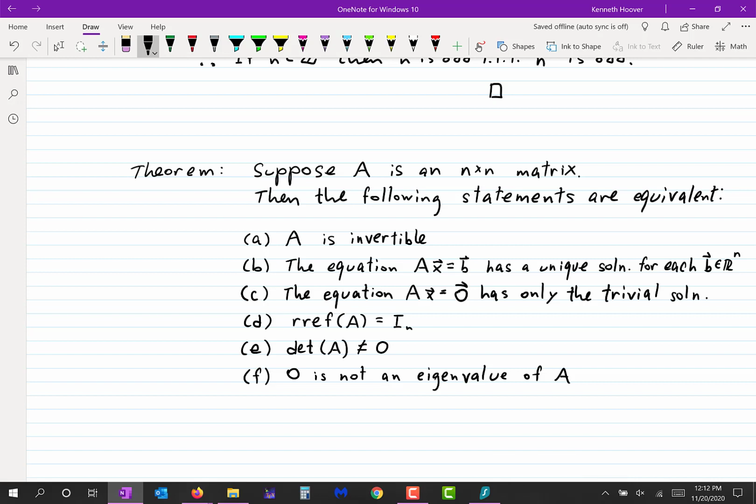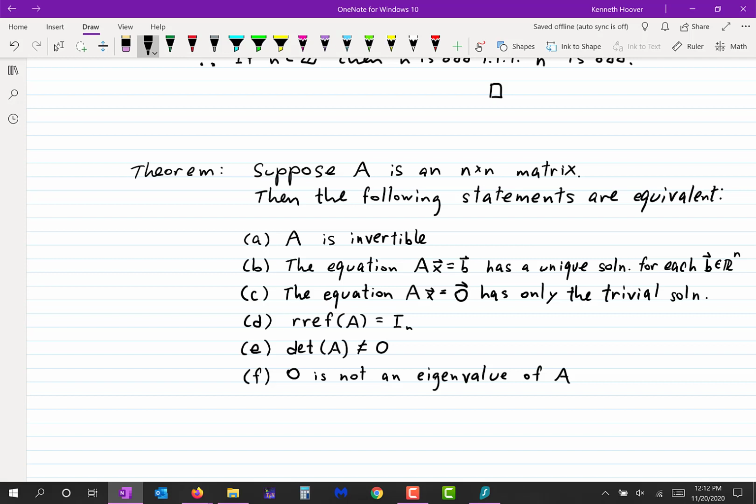So we have 6 statements there, and the theorem says that these 6 statements are equivalent. A is invertible. The equation AX equals B has a unique solution for each B. The equation AX equals 0 has only the trivial solution. The reduced row echelon form of A is the identity matrix. The determinant of A is not 0. 0 is not an eigenvalue of A.